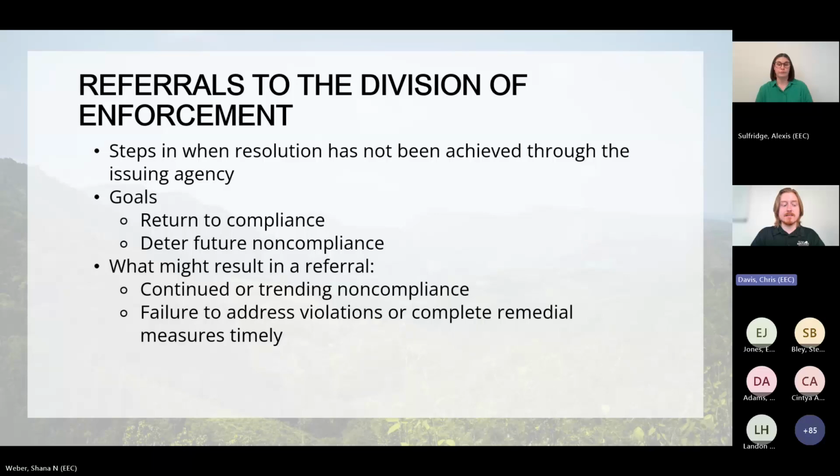Anything that causes concerns or can cause danger to public health and safety. It can also sometimes be special cabinet initiatives that will warrant immediate referrals.